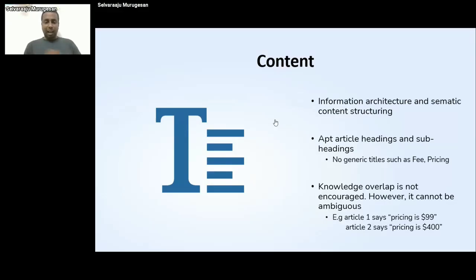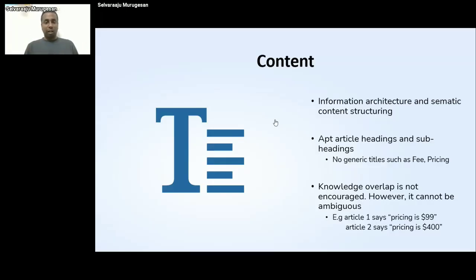And here's the other important thing: you need to make sure your content is not ambiguous. It is extremely hard at scale, especially if you have feature velocities happening more aggressively in your organization, the ambiguity is somehow built in. If you change something, you need to change it in 1,000 places, and it's very hard for a technical writer to keep up.